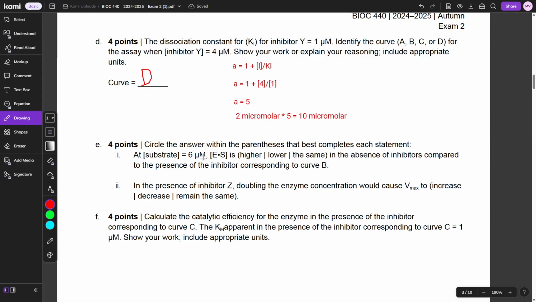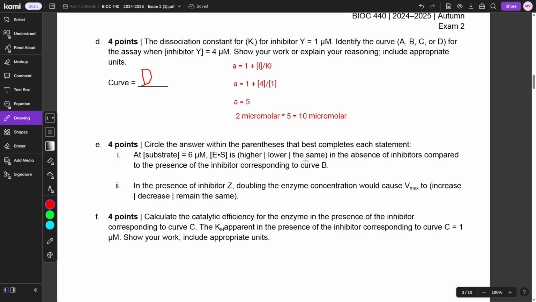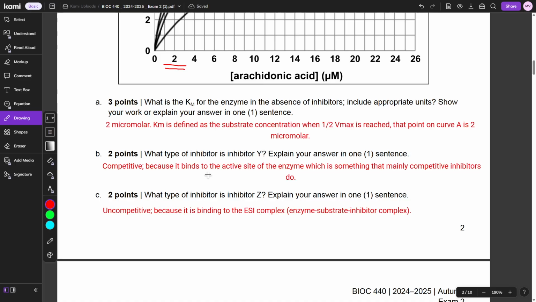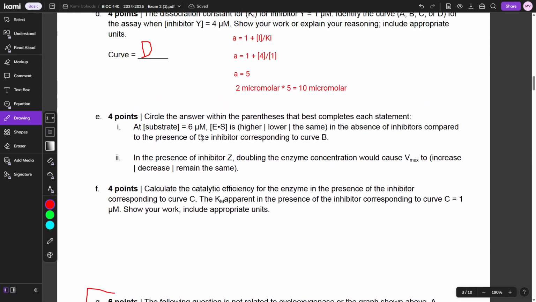At substrate 6 micromolar, ES is higher, lower, or the same in the absence of inhibitor compared to the presence of the inhibitor corresponding to curve B. So if we look at curve B, and we're looking at 6 micromolar here, we're trying to see how the absence of the inhibitor compares to the presence of the inhibitor.